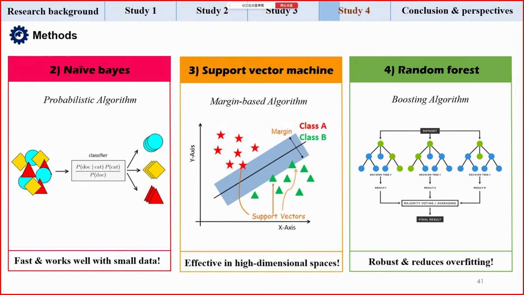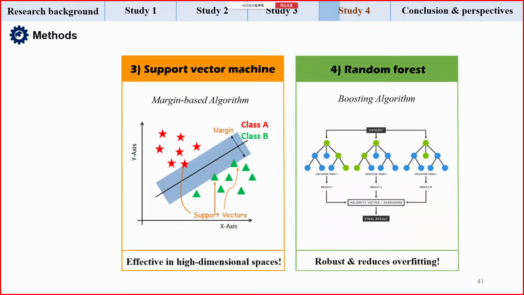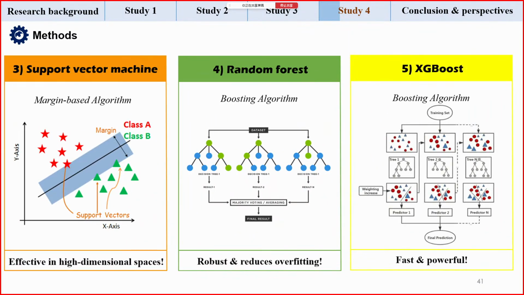Random forest builds multiple decision trees, with each tree classifying players based on their features, and the final prediction is determined by majority voting. It is robust to overfitting. XGBoost is a gradient boosting algorithm that improves predictions through multiple iterations, correcting errors in each round. It supports parallel computing, which makes it faster.